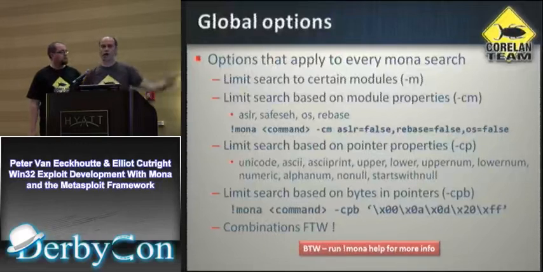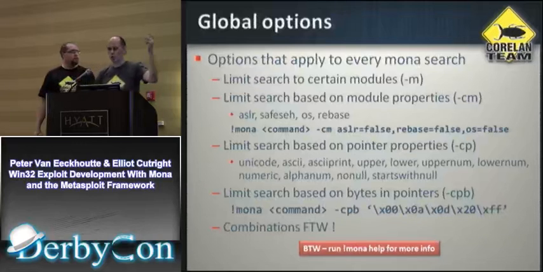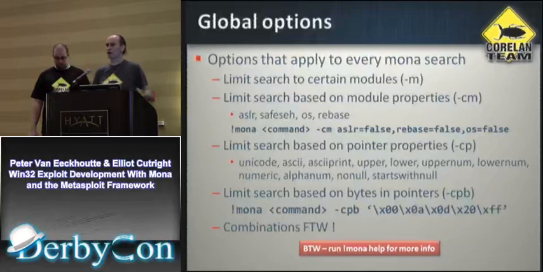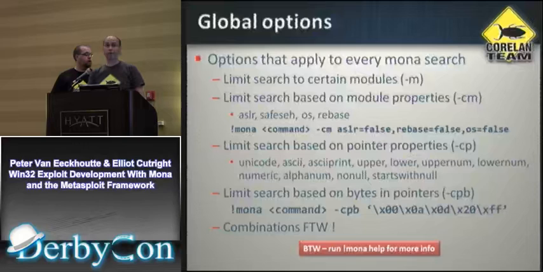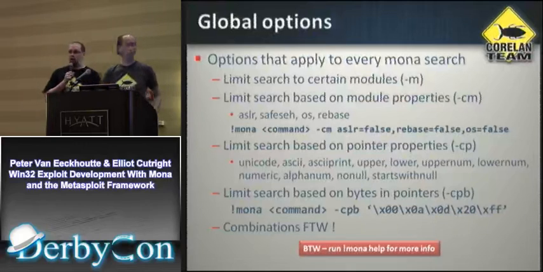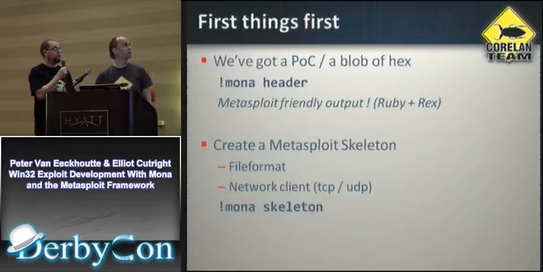You can also say, okay, I only want ASCII pointers, like pointers that consist of bytes that represent ASCII printable, or uppercase, lowercase, upper num, alpha num, Unicode, numeric, doesn't matter. There's a bunch of stuff that you can tell it to look for, and that will help in getting the pointer that you need. And Mona has nice built-in inline help with a lot of these options, and then the Mona manual also goes into more depth on all this stuff.